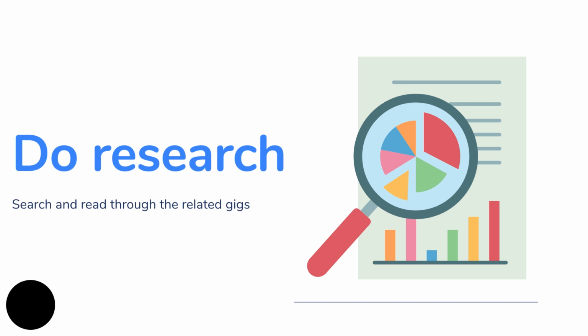The best thing you can do is to go on Fiverr and search for video editing, and you'll be able to see a number of gigs that are appearing on the first page. The gigs that are provided by the top sellers are usually written in a perfect way, and you can get some inspiration from what they've done. So that is about research.